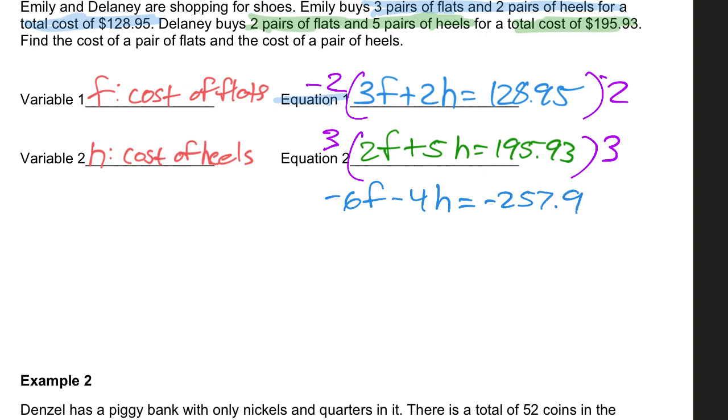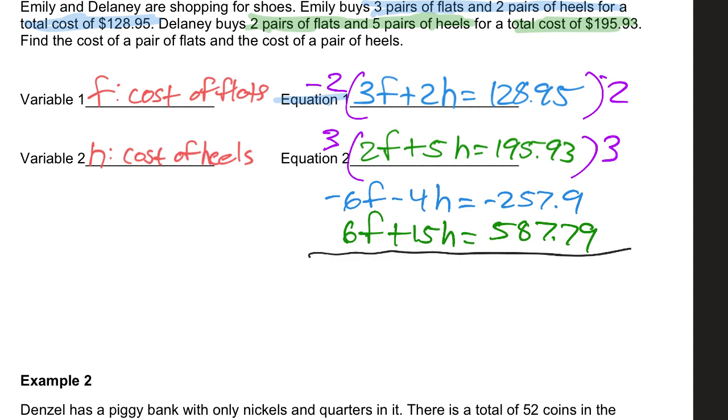The second equation is going to give me a positive 6f, a positive 15h, and then equals 587.79.